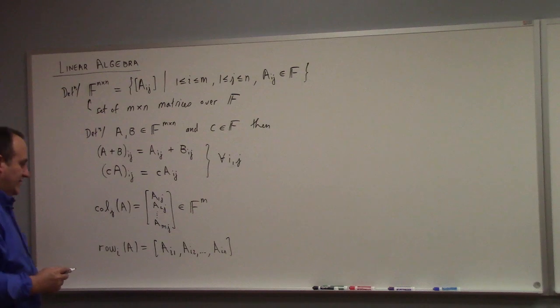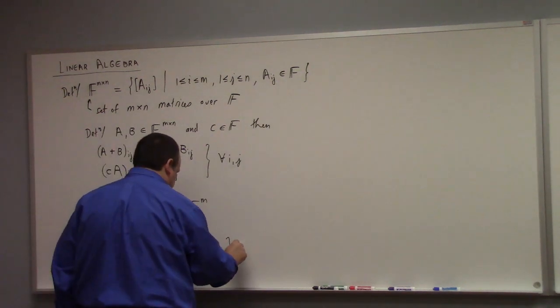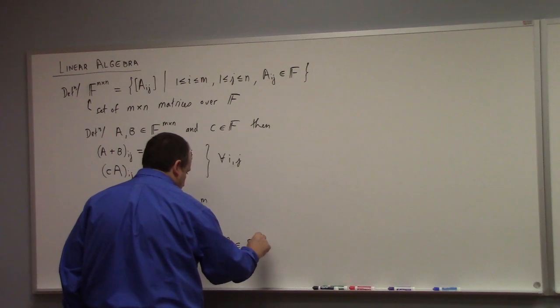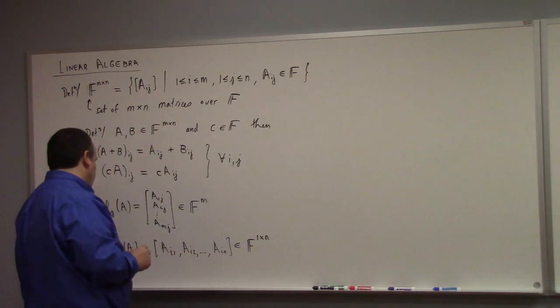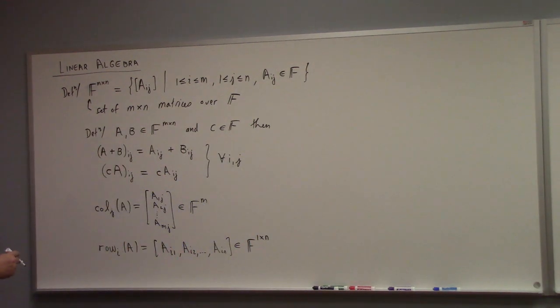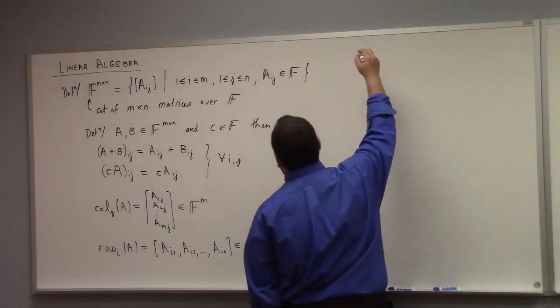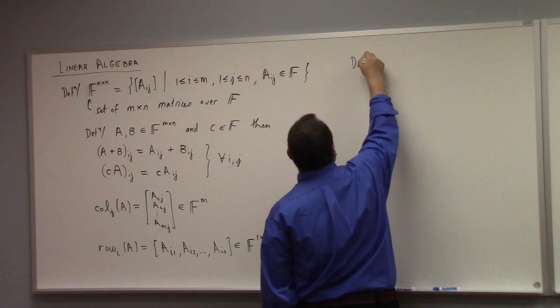Now that is not an element of F^n. This is an element of F^(1 by n), in my way of thinking.